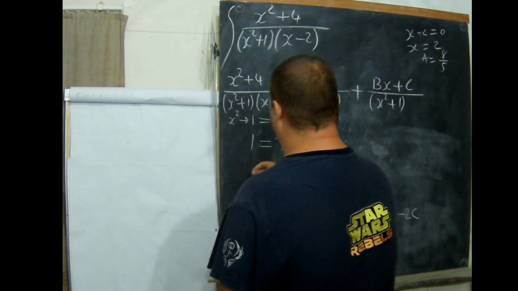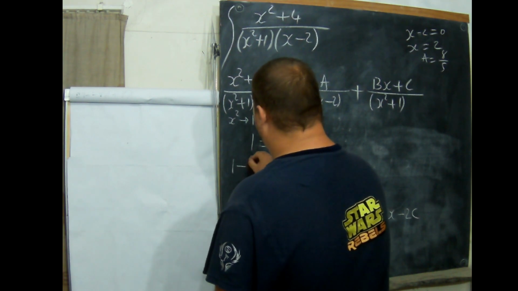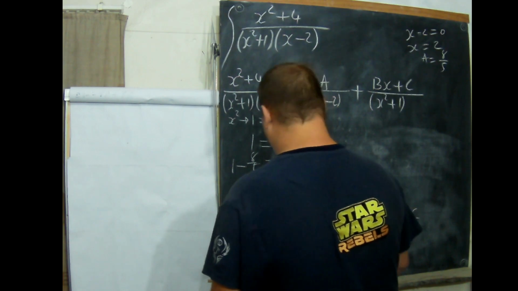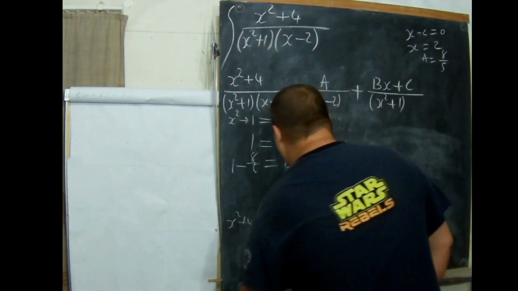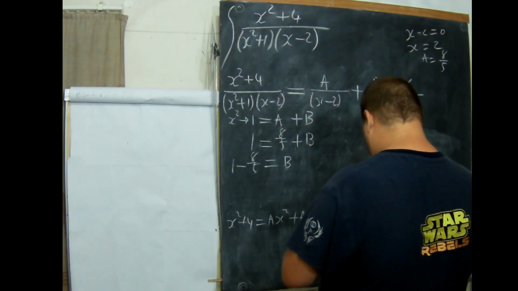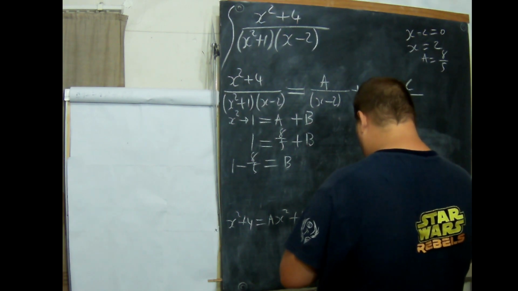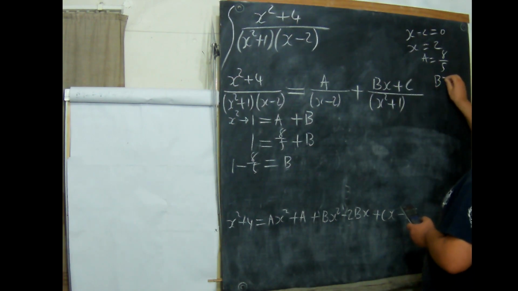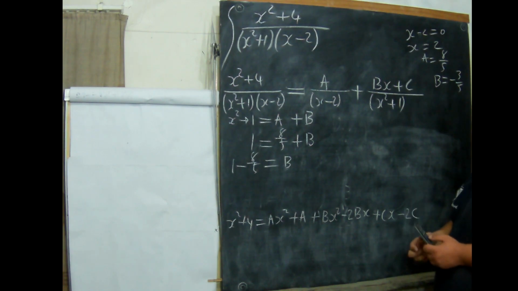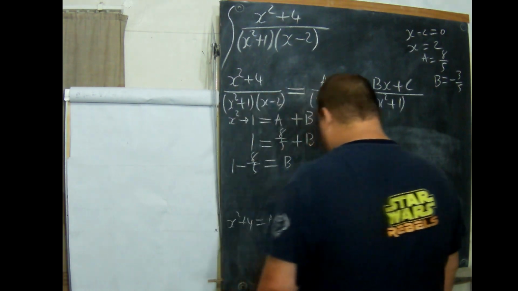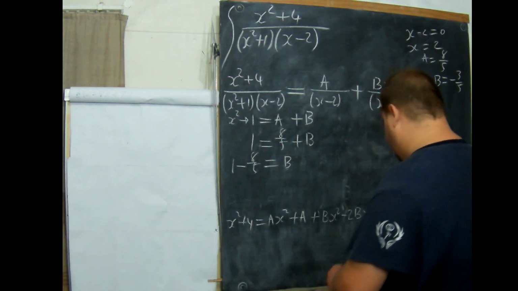So this comes over here, so 1 minus 8 over 5 equals b. 1 minus 8 over 5. b is equal to minus 3 over 5.